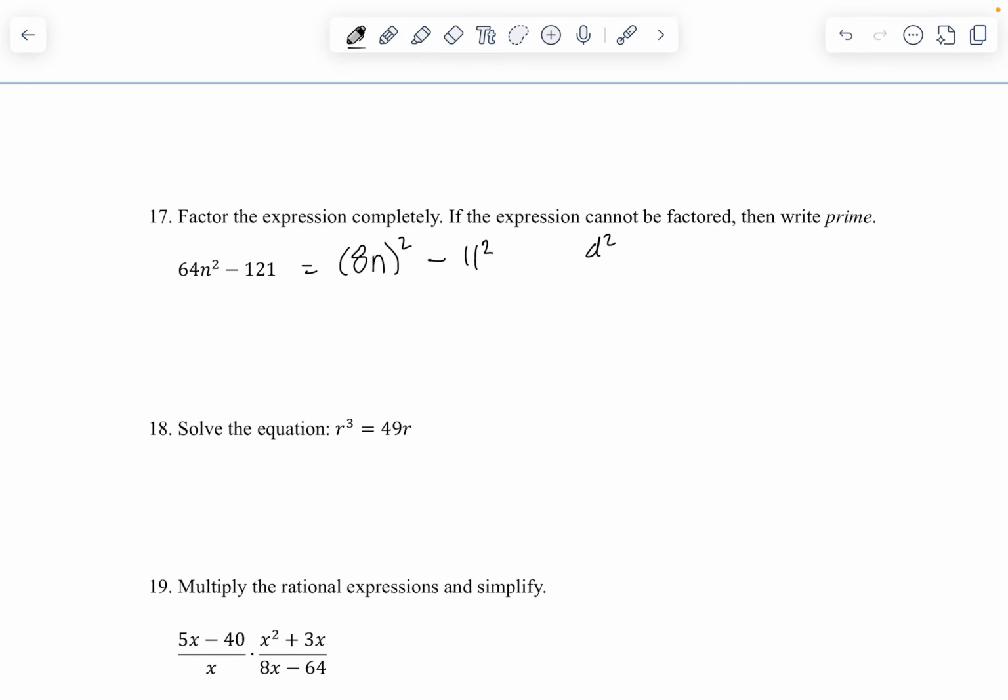Anytime you have a difference of squares, something like a squared minus b squared, that factors into a minus b times a plus b. So that means this particular expression can factor as 8n minus 11 times 8n plus 11.